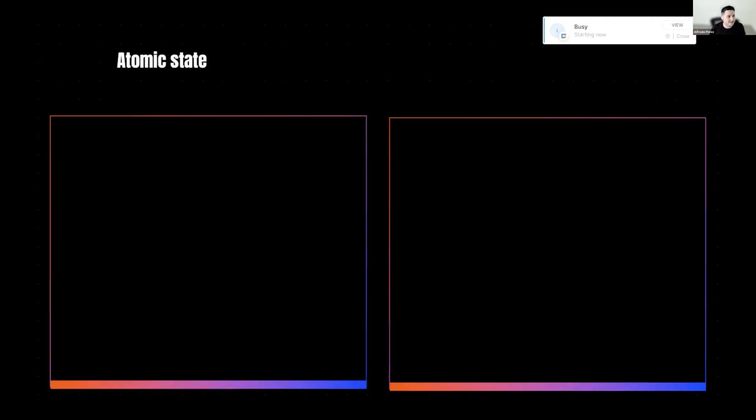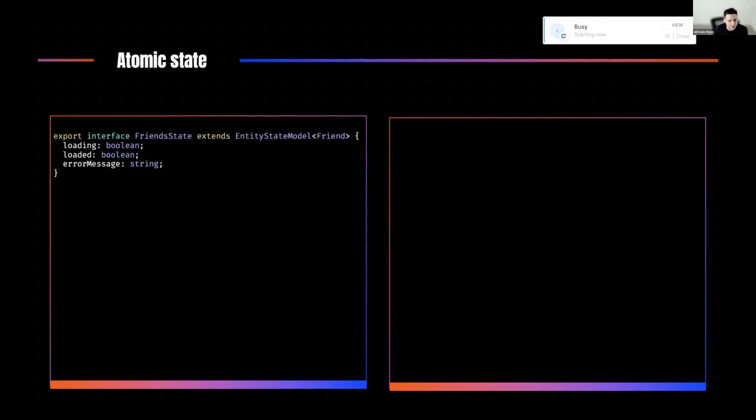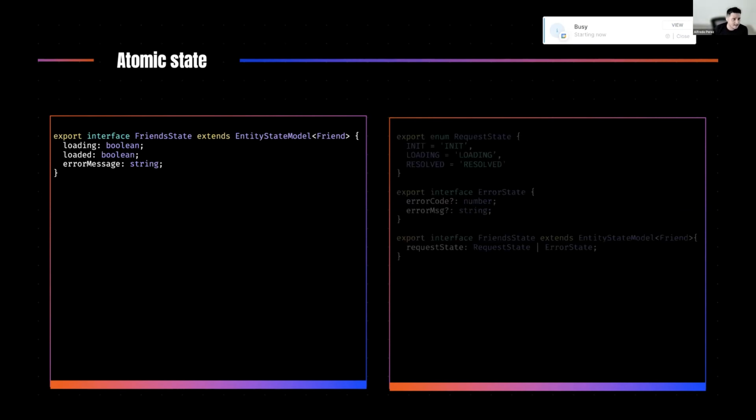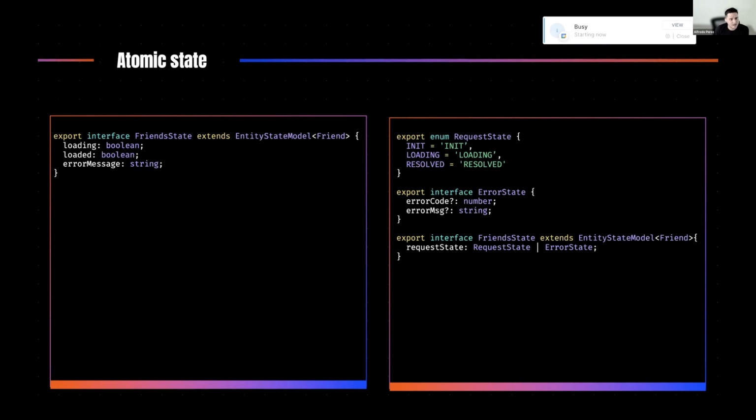So if we apply this to NgRx, then we go to what is called atomic state, because it's a single state, a single property to hold the state. So where before we used to have the friends state with loading, loaded, and error message, and any other kind of properties related to the state of the request, now we can create an interface for these states and the error, and we will have only a single property for this.